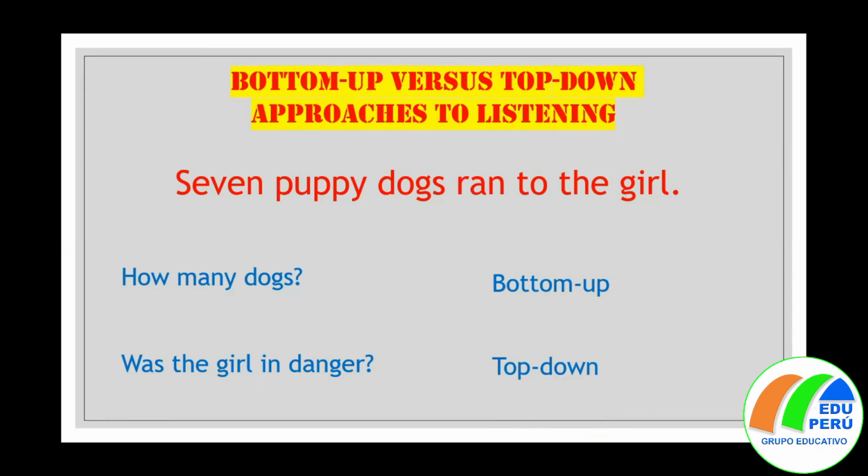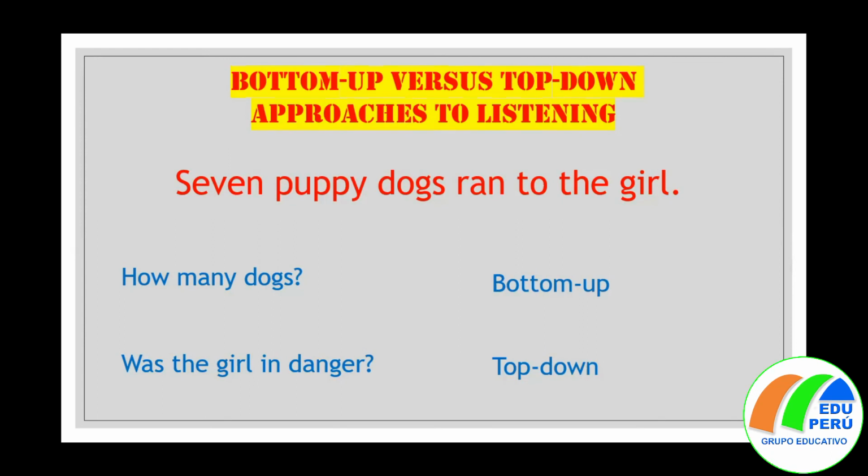Notice here you have these two processes, the bottom up and the top down. The bottom up, you go directly to the specific information. How many dogs? Top down: was the girl in danger? Well, let me think. Seven could be a lot because of the quantity. Seven, maybe she would be in danger.